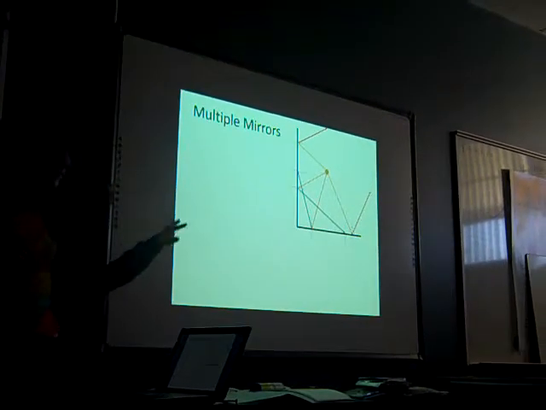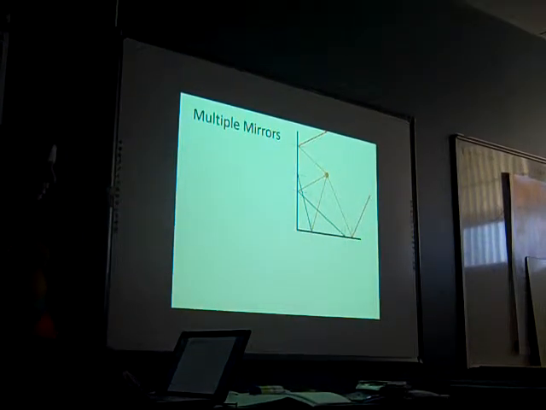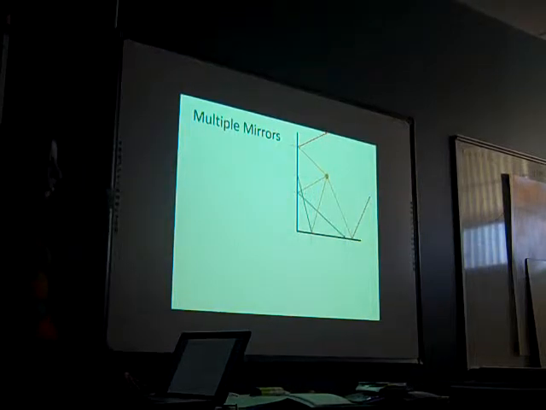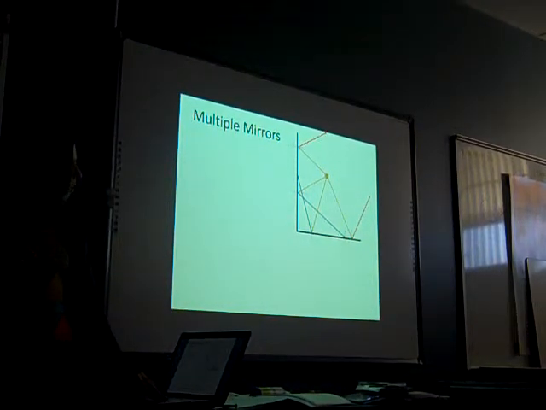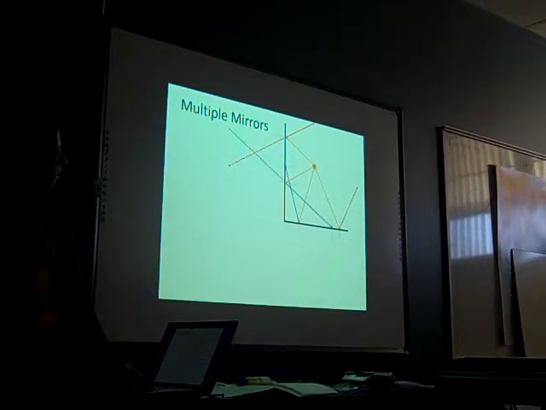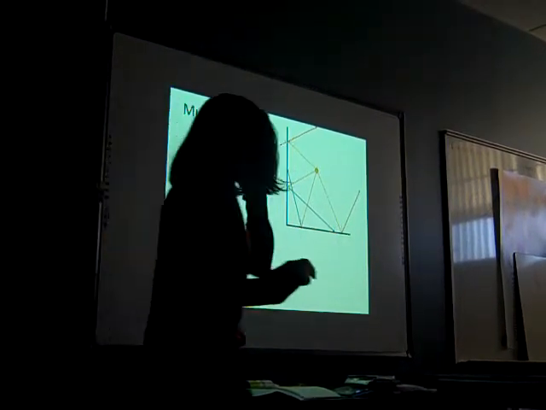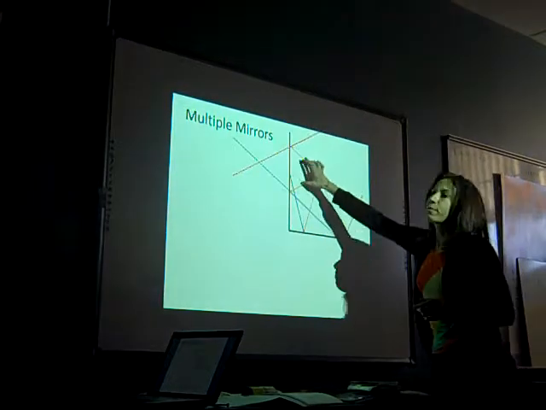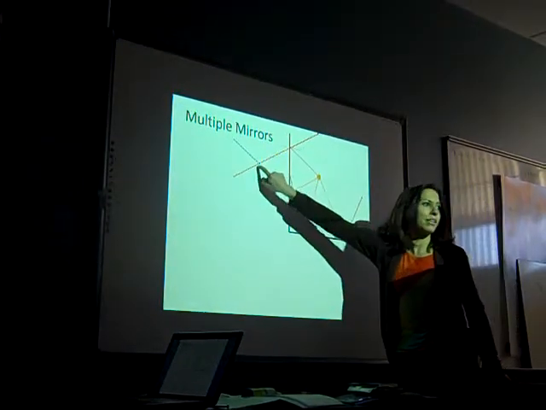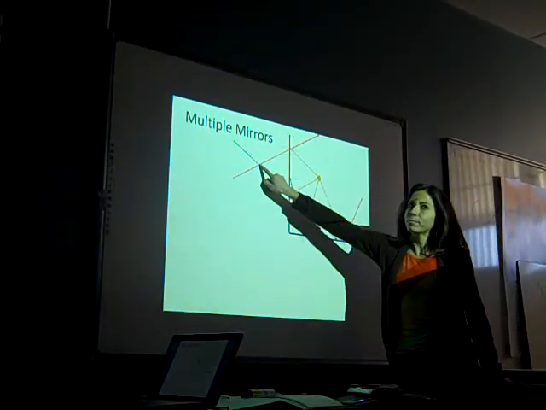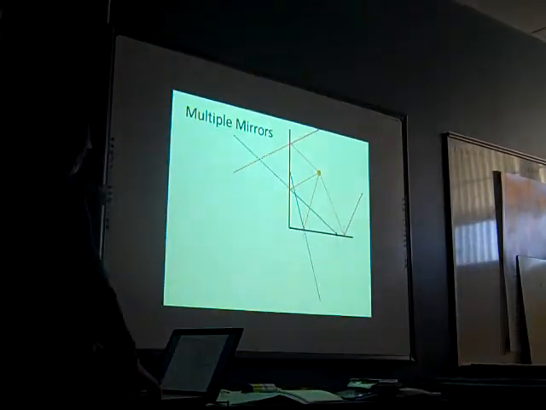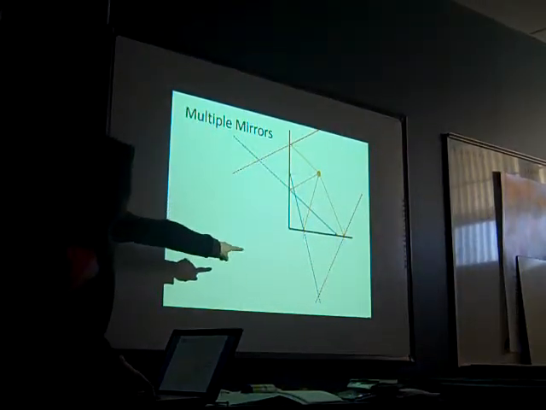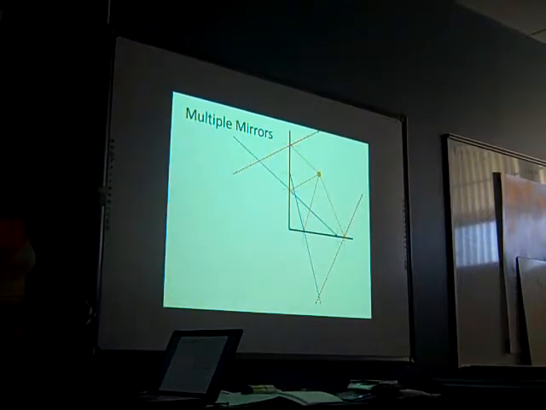No, sorry, we're going to trace all of them back behind the mirror. So trace that one back and that one back. And look, this ray and this ray do form an image directly behind this mirror. That ray and that ray do form an image directly behind that mirror.